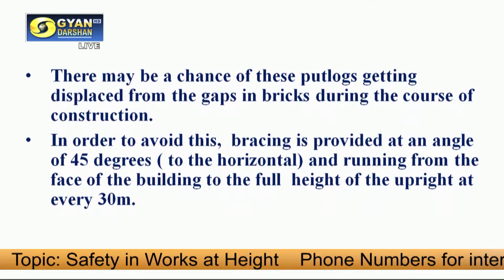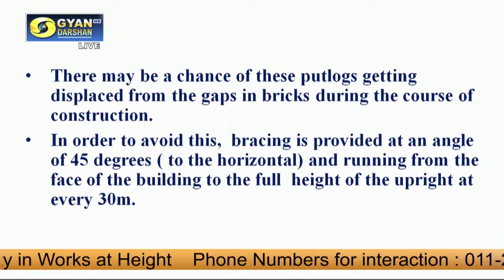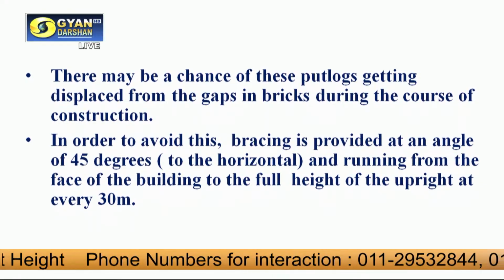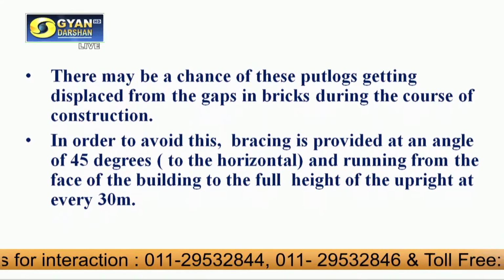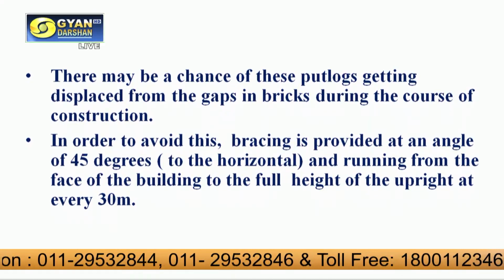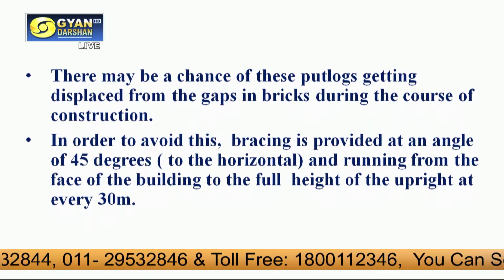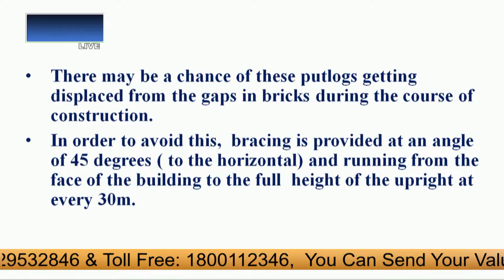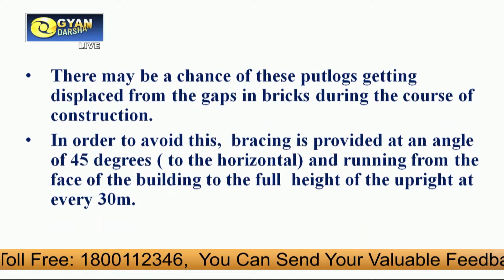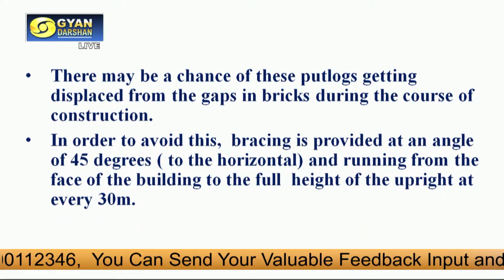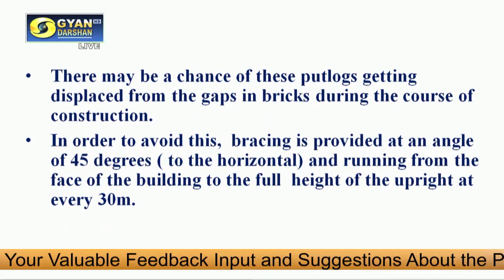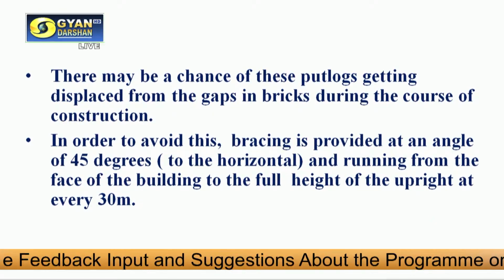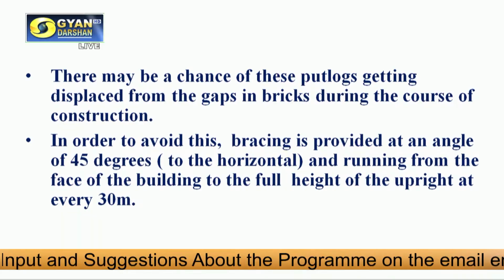In order to avoid this displacement, bracings are provided at an angle of 45 degrees to the horizontal, running from the face of the building to the full height of the upright at every 30 meters. So this precaution is taken to make our scaffolding safe.